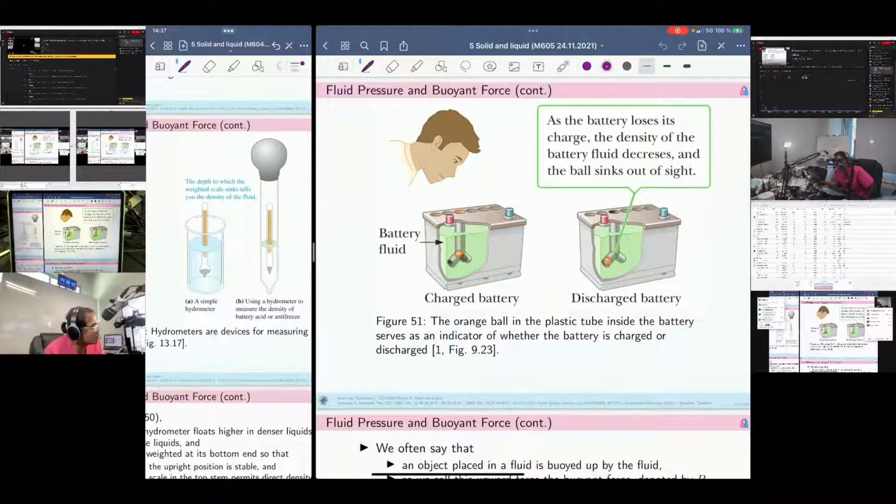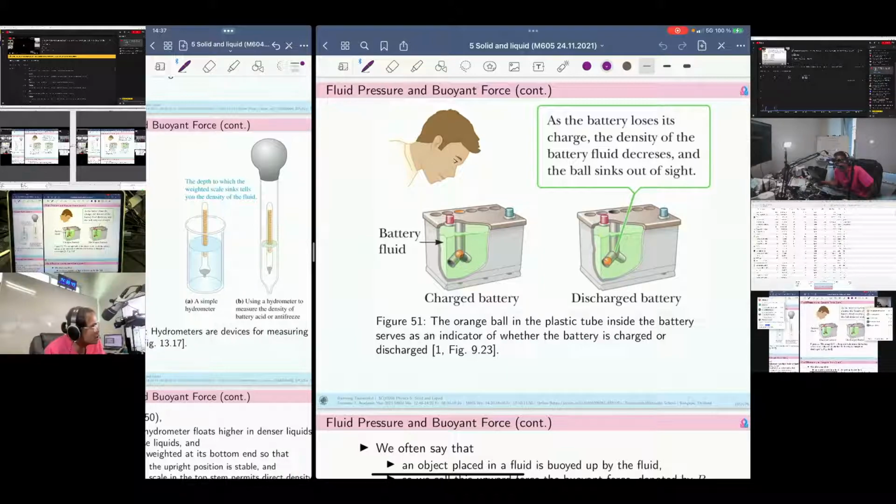If your liquid, which is a mix of acid and pure water, is in good condition, the density of this mixture would be at a high level, and with a high level, you would have more force. This ball is not a solid ball. It's a ball that contains a bubble, air inside.